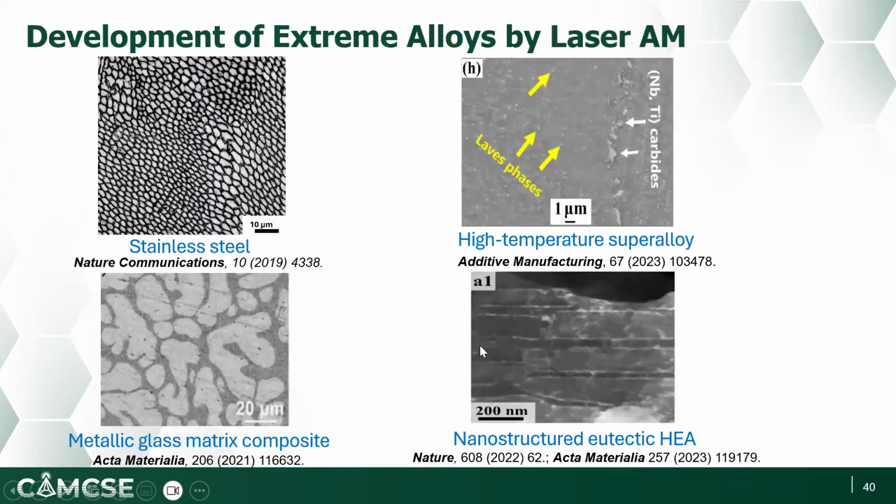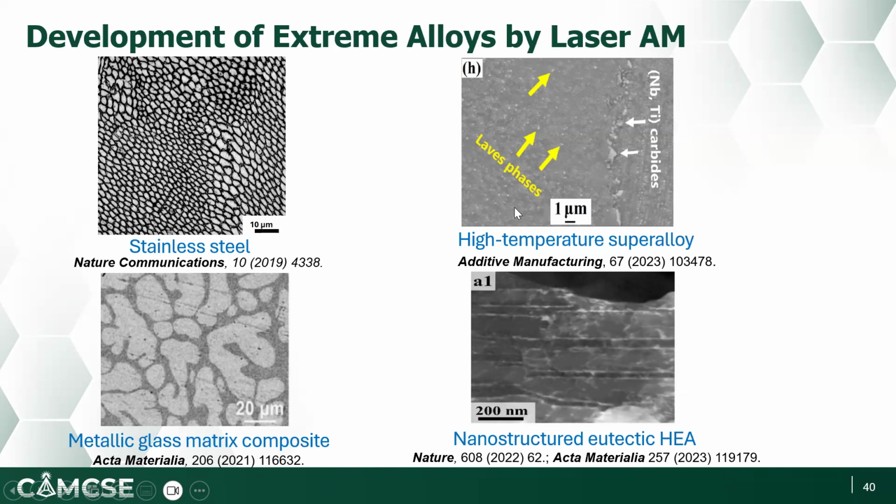In our research group, we have studied a wide range of metal alloys by laser additive manufacturing to achieve unusual material properties. For example, we have studied stainless steel, where we can control the dislocation cell structures to get high strength and high ductility.